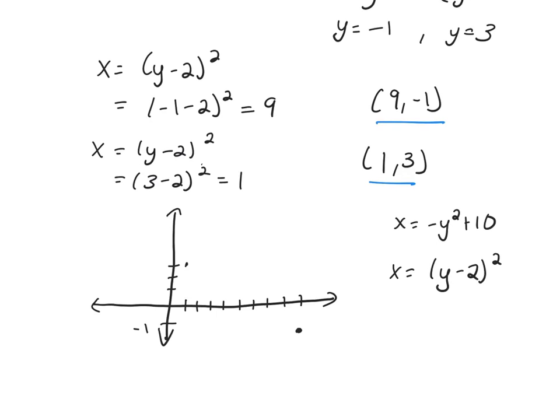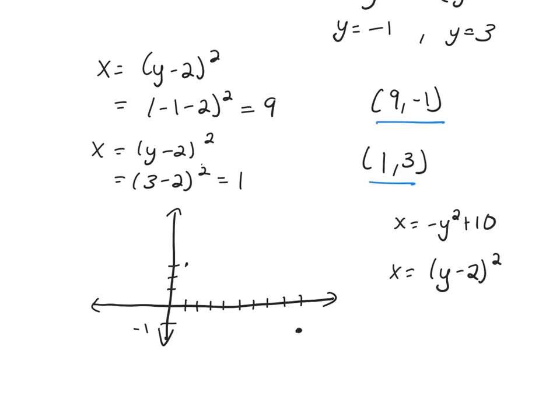Maybe you want a point to plug in so you can see what's going on. Because the roles of x and y have been changed, you're going to pick a value of y to plug in, and that'll give you a value of x. You want to stick between your two y values for your intersection points.